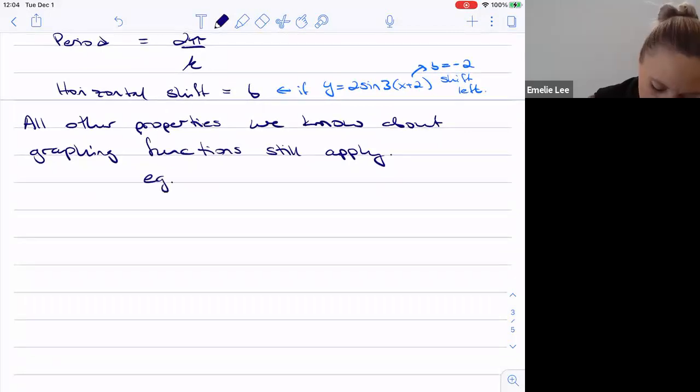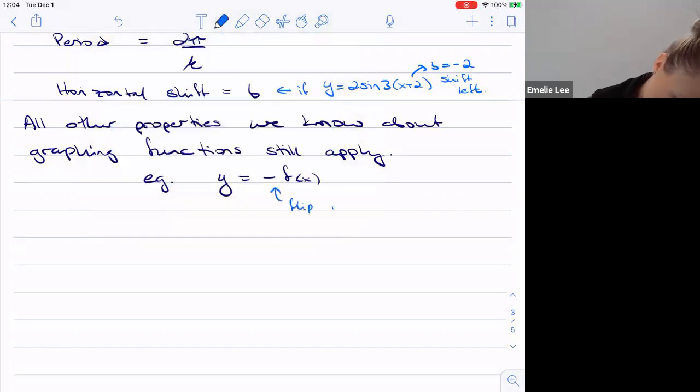For example, if f of x, what did I want to say here? And I don't even have it. If y is negative f of x, then you flip on the x-axis.